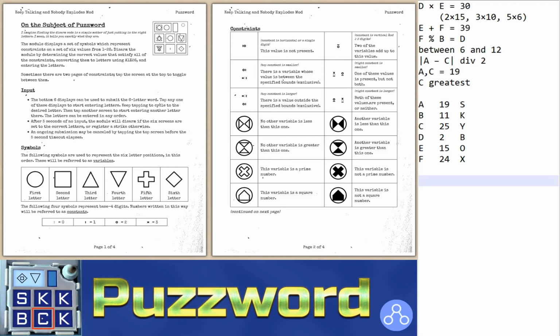But what I think is the most efficient way is to do them in alphabetical order. So now I can jump to the O, and then here I can put the X and the W, and we have Skybox. And after 5 seconds, this will automatically submit, and it's solved.